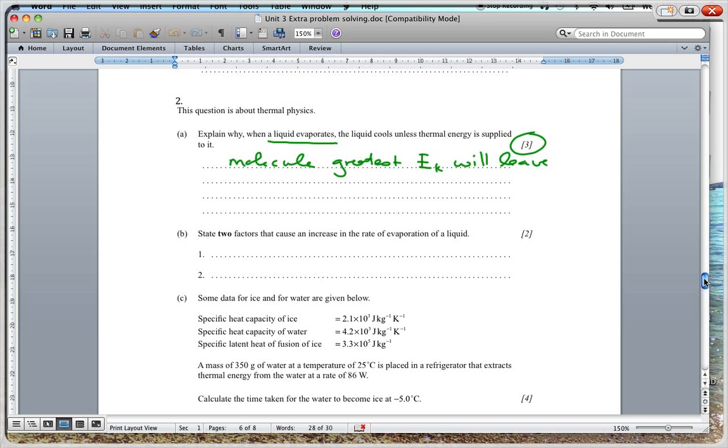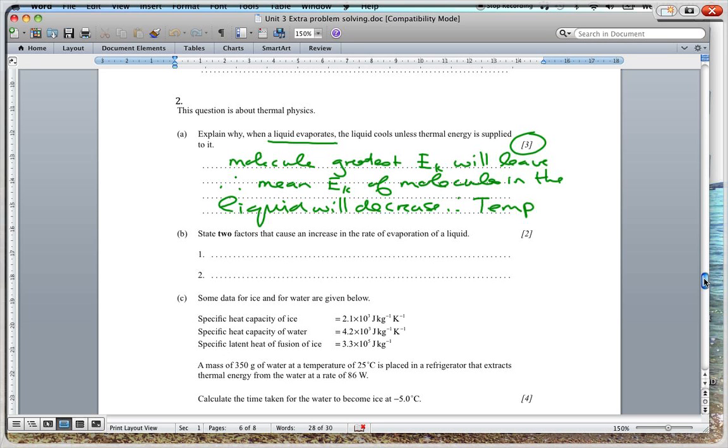Therefore, the average or the mean EK of the molecules in the liquid will decrease, because the most energetic ones have left, and therefore the temperature, which is a measure of that mean kinetic energy or the average kinetic energy of the liquid, will therefore also decrease.